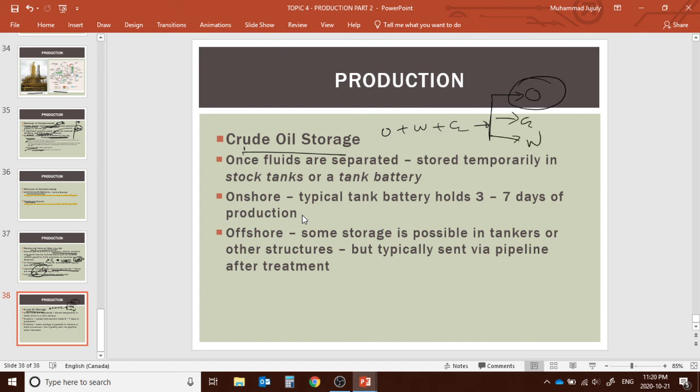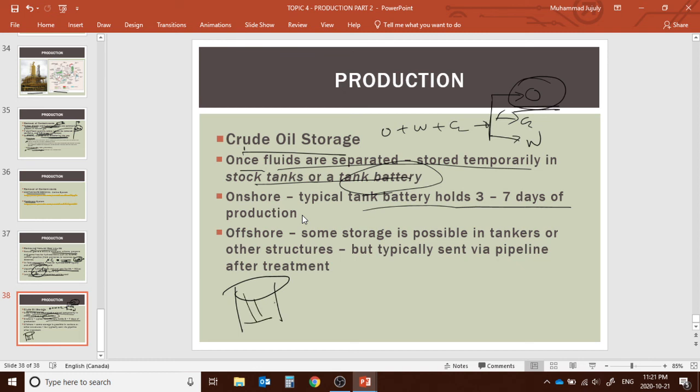Now, what should we do with this oil? At first we need to store this oil in a temporary stock tank. We call it a tank farm or tank battery. This tank battery or tank farm holds 3 to 7 days of the production. In offshore platforms, sometimes the platform has a direct pipeline.